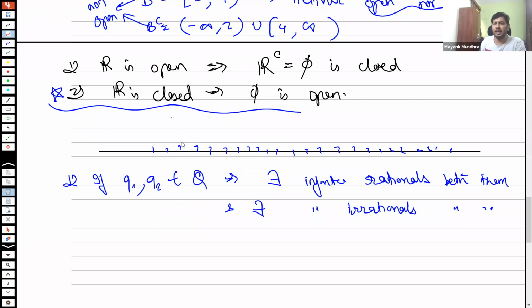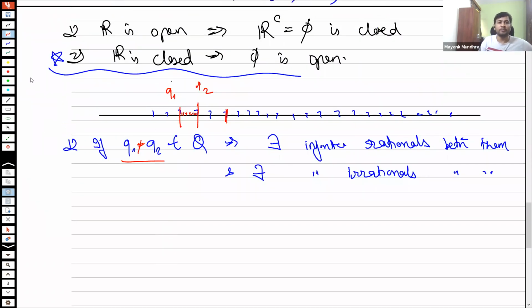You take any two rational numbers, Q1 and Q2, and you will have infinite rationals and infinite irrationals between them. Q1 not equal to Q2 is crucial. You cannot take the same point, then it's not going to be true. But even if they are a millimeter apart, that is 10 to the power minus 3 apart, even in that case, you'll have infinite rationals and irrationals between them.